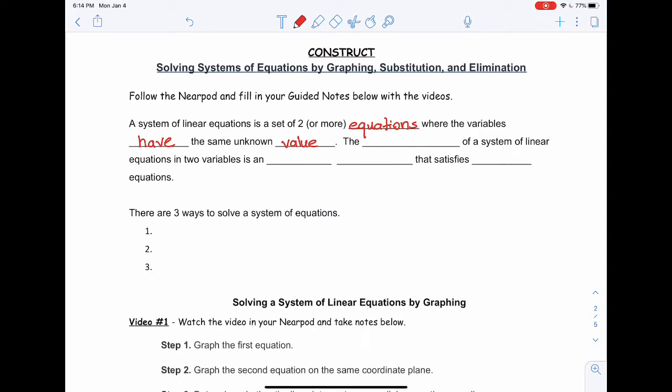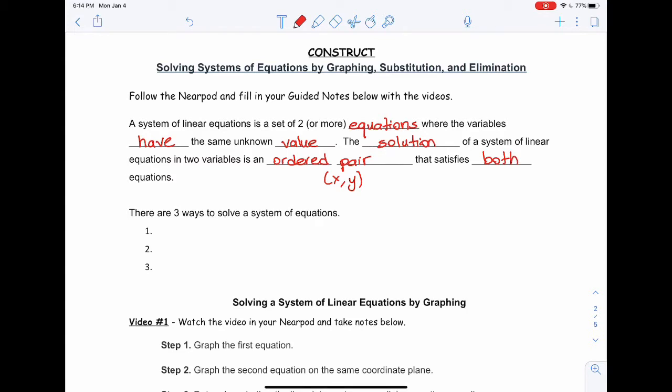The solution of a system of linear equations in two variables is an ordered pair such as x comma y that satisfies both equations.